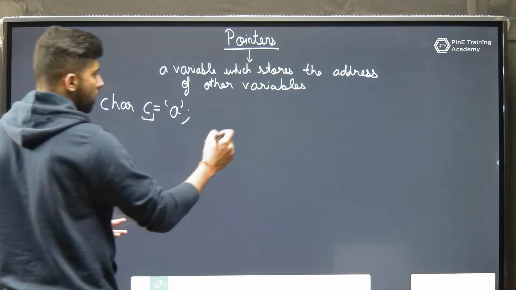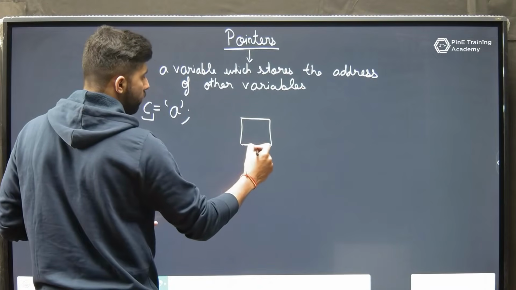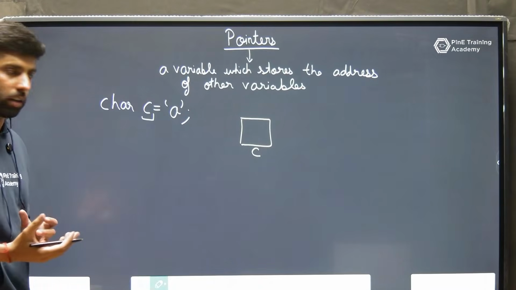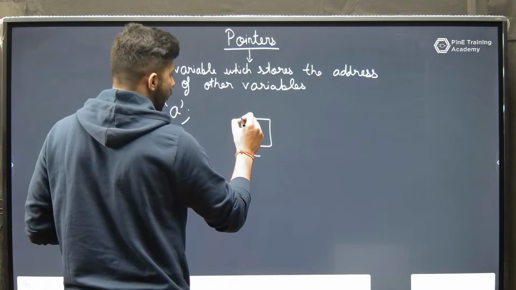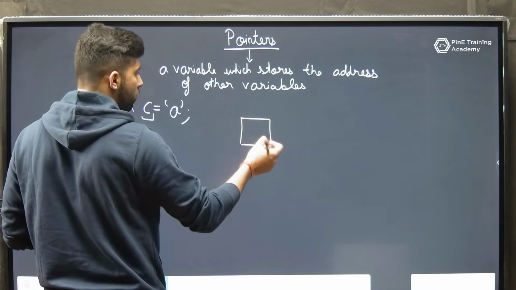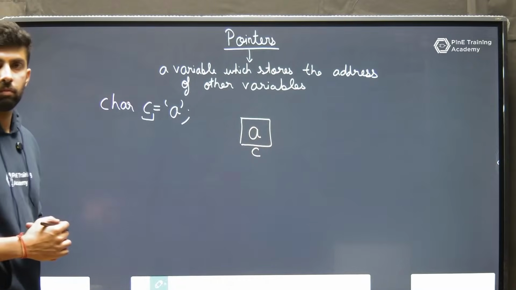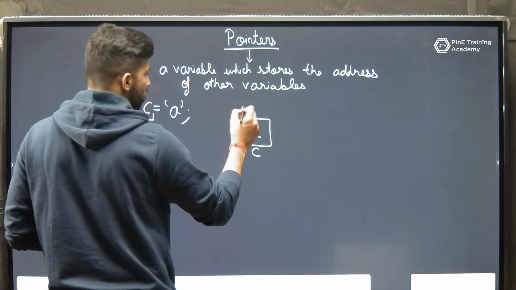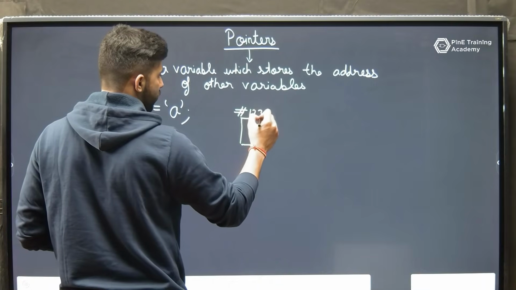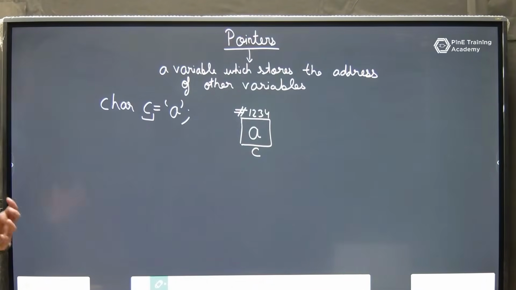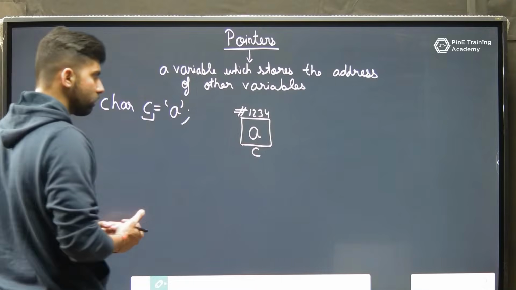So what will happen? A memory for C is created, and at this particular space we store A. Suppose it has an address, 1, 2, 3, 4.